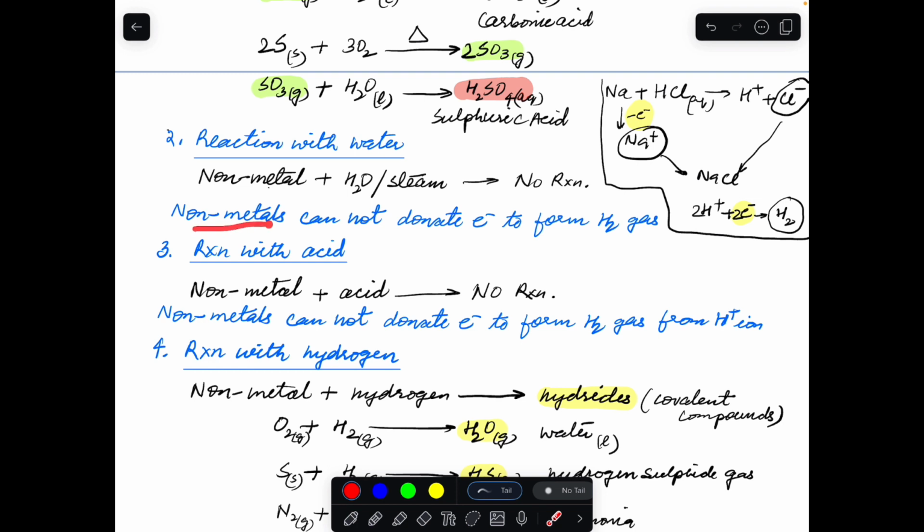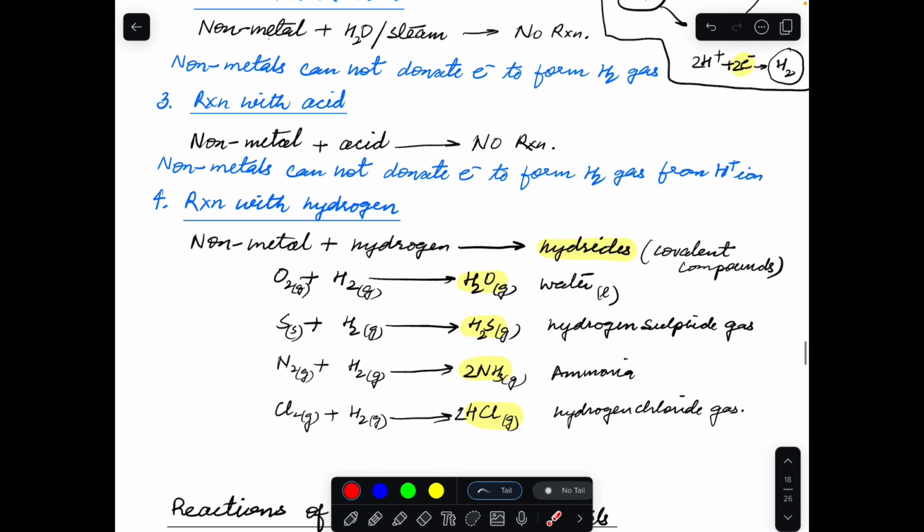Because non-metals cannot donate electrons to form hydrogen gas, just like sodium. Therefore these two reactions are not possible, but non-metals are capable of reacting with hydrogen. So non-metals will react with hydrogen to form hydrides.